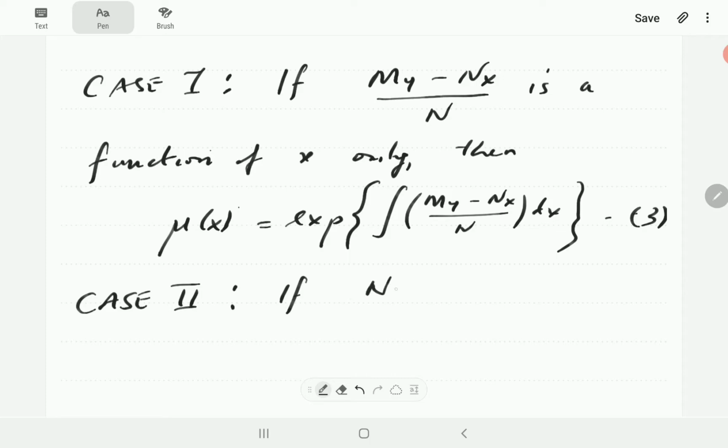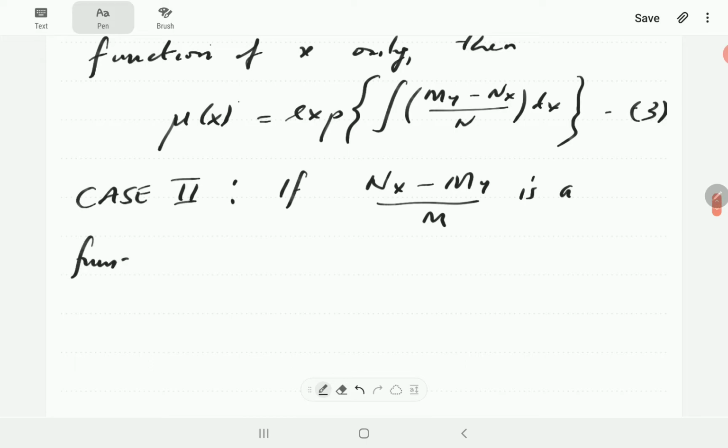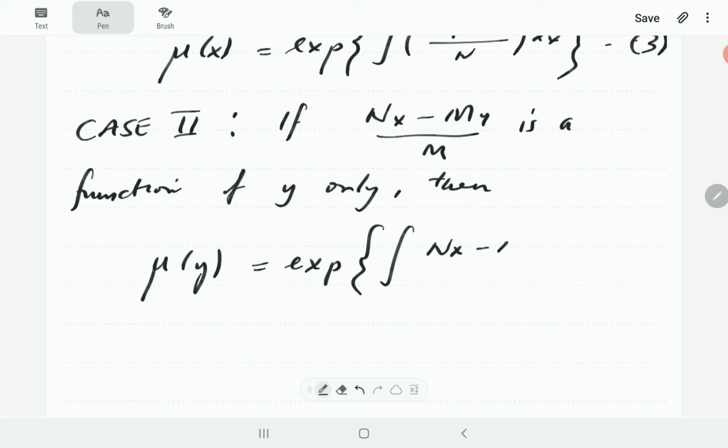In this case, if Nx minus My divided by M is a function of y only, then our integrating factor mu of y is going to be given by the exponential of the integral of Nx minus My over M dy.